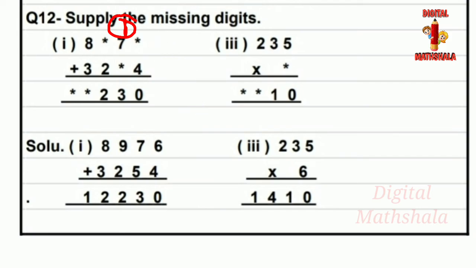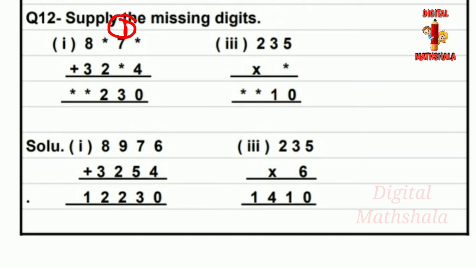Here one digit is 7 and one carry we have, that is 1, and here the number is missing. So what we will add to 8 so that the answer will come 3? Obviously, if we add any number to 8, the answer will not come 3, because we cannot add a negative number.